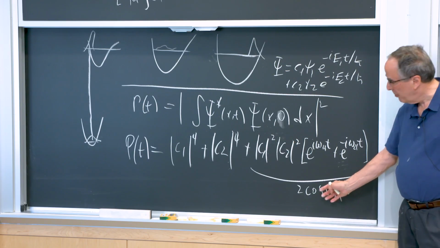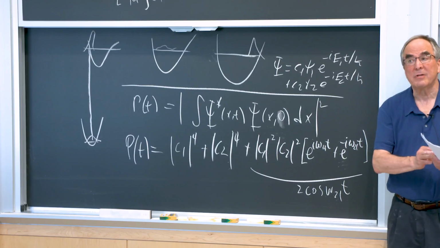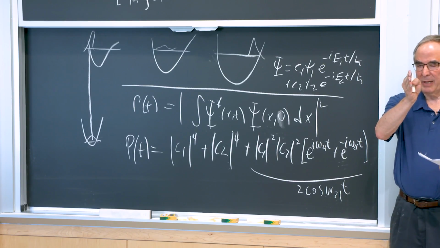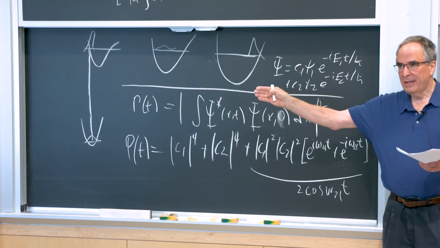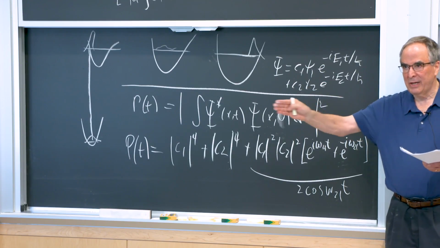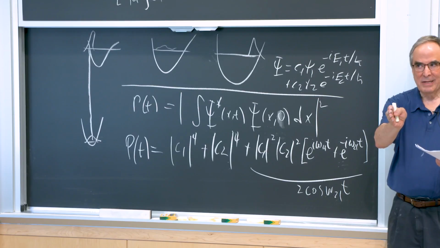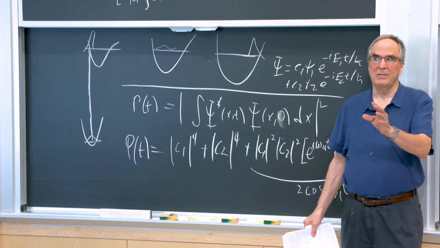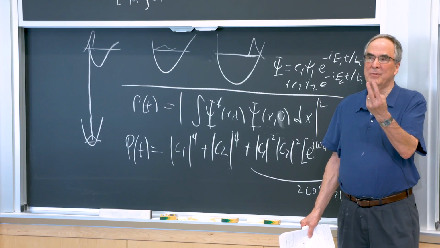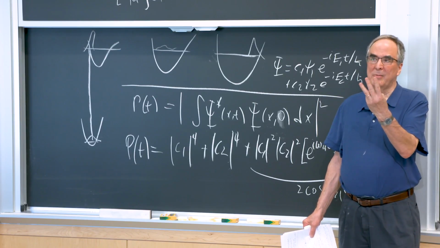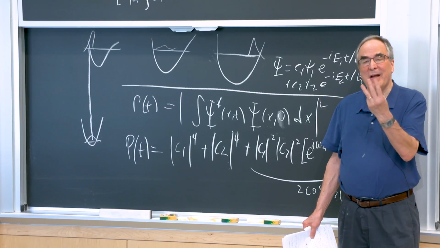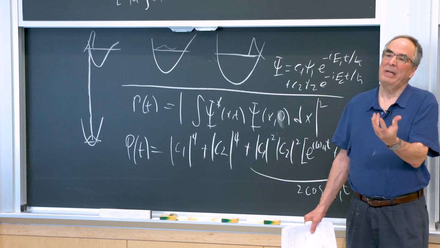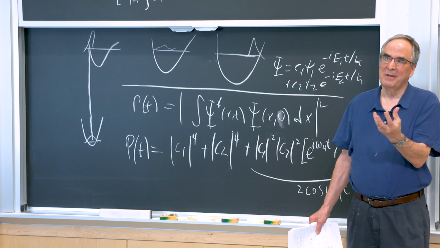So what we see is this survival probability. The wave function starts out at some place, and it goes away, and it comes back, and it goes away, and it comes back. And it completely rephases because there's only 2 terms. But if there were 3 terms and they're not satisfying a certain requirement, well, then when it comes back, it can't completely reconstruct itself.